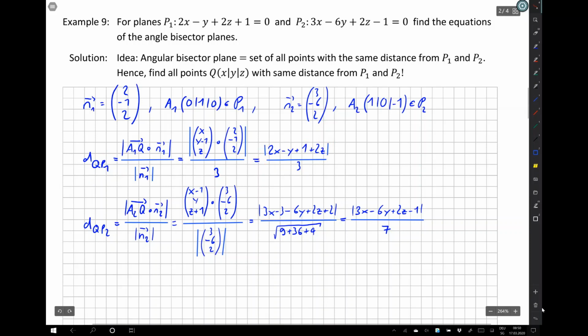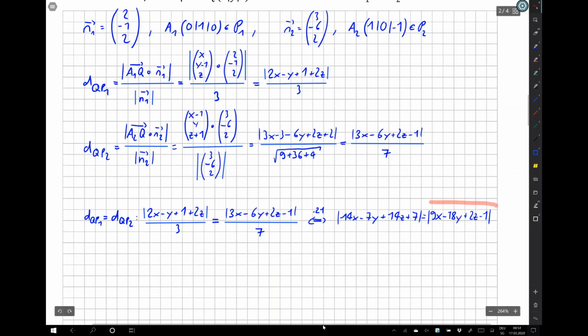The same thing applies to the distance of the point Q from plane 2. We just have to replace the normal vector by the normal vector of the plane 2, and obviously use A2, the point in the plane P2, to get this expression. And now what we have to do is just to set these two distances equal, since we're looking for all points that have the same distance from those planes. And we get this equation here.